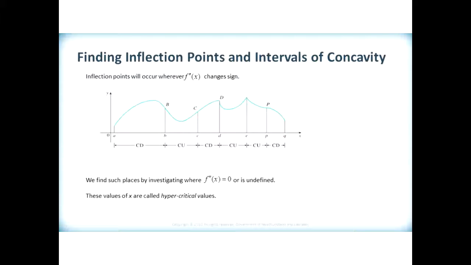Okay, finding inflection points and intervals of concavity. Inflection points will occur wherever the second derivative changes sign. On this particular graph, at all these points that I'm circling, B, C, D, and P, we can see that the concavity is changing.